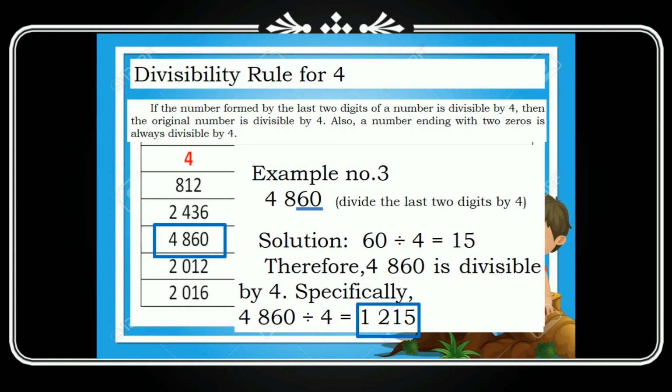Example number 3 is 4,860. Divide the last two digits by 4. So 60 divided by 4 is equals to 15. Therefore, 4,860 is divisible by 4. 4,860 divided by 4 is equals to 1,215.